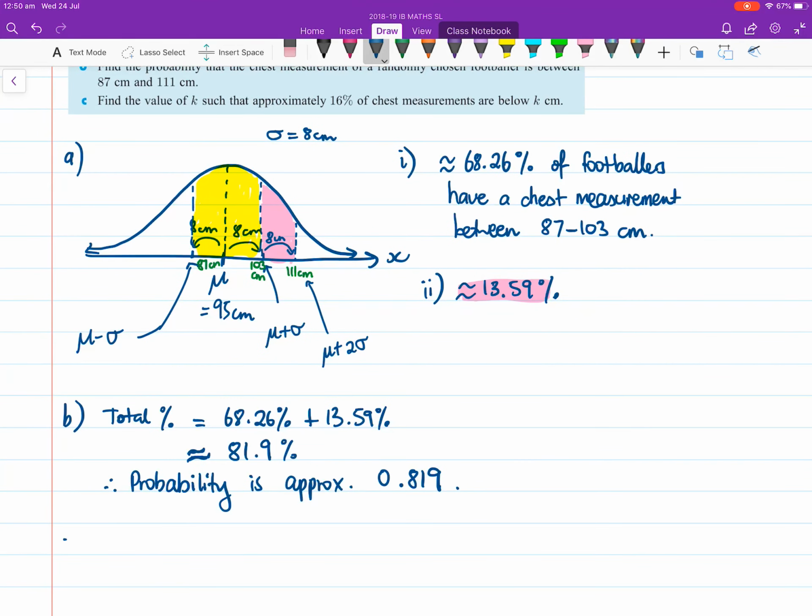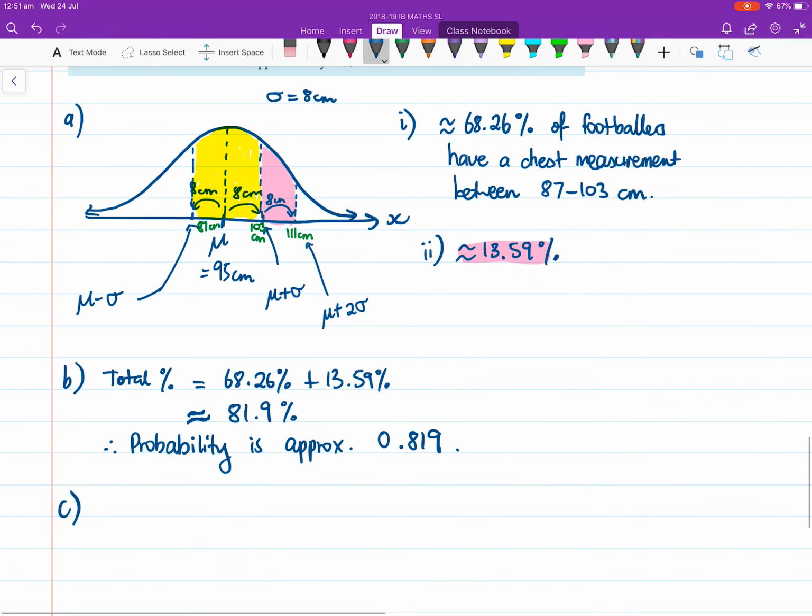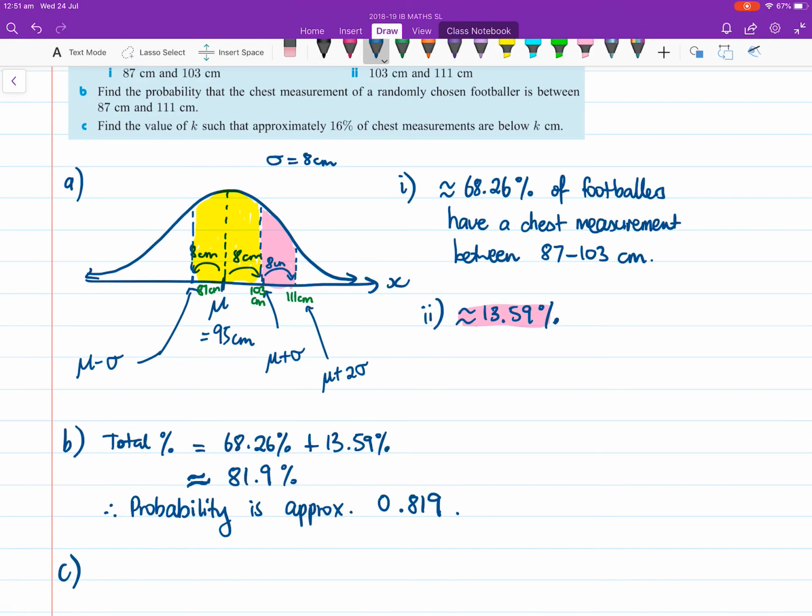All good. And then question C says find the value of K such that approximately 16% of chest measurements are below K centimeters. Now let's have a think. If it is below the value of K, that means K is one of these values along here.